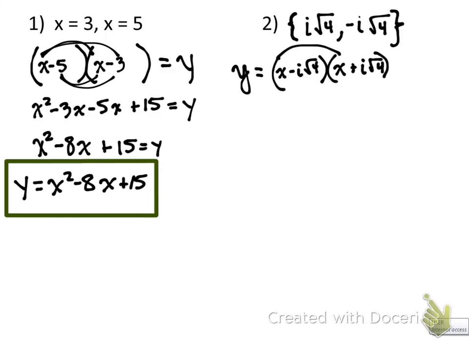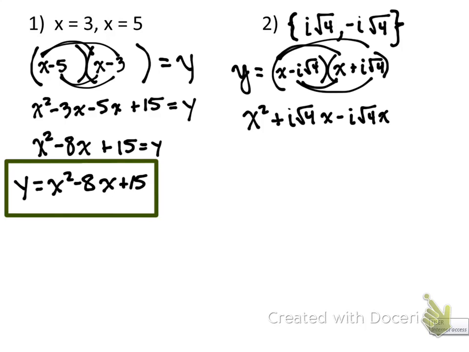Then you would FOIL it across or multiply across, and we get x squared plus i rad 4 x minus i rad 4 x minus i squared rad 16. Okay? Then we simplify.